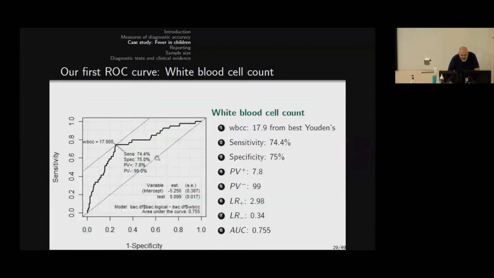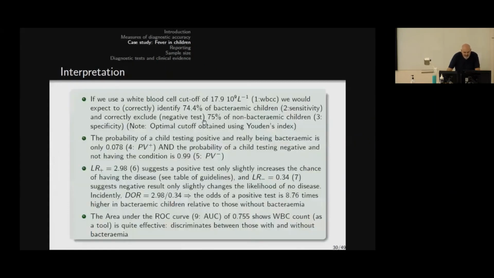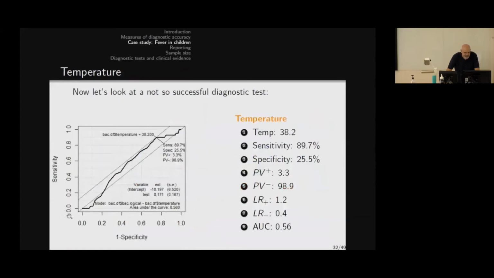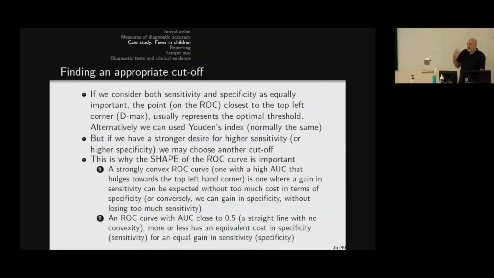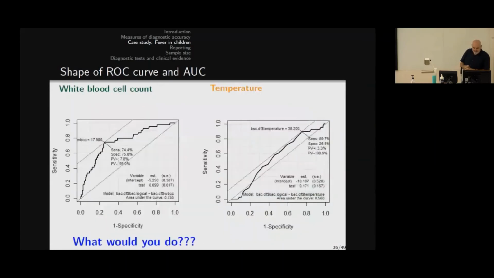So in other words, it departs from this straight line right here, which is an uninformative test, whereas with temperature, it was pretty much along that straight line. It was terrible, okay? Absolutely terrible. So that shape does tell you a lot about whether your test is good. All right, yeah, there you go.